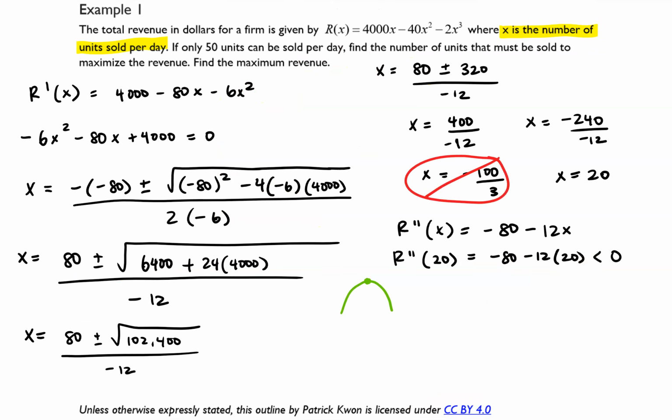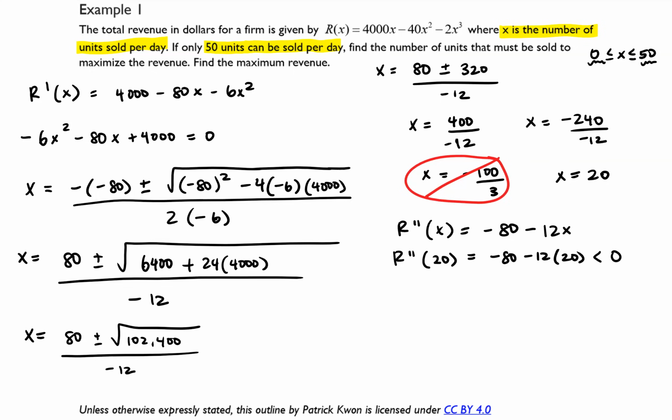So in example 1, it says if only 50 units can be sold per day, that means that the interval that we're looking at for this problem is the number of units ranges between 0 and 50. So we want to go ahead and plug in 0, and we want to plug in 50 to make sure that those are not potentially giving us a higher value.